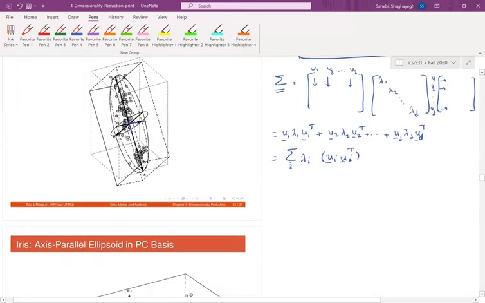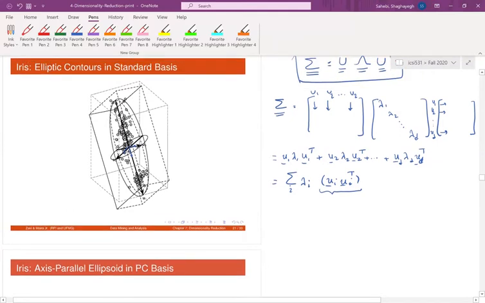Okay, so what are these ui transpose? We know that each of our ui's is d by 1, so here we have a d by 1 matrix or vector, and ui transpose is a 1 by d vector.